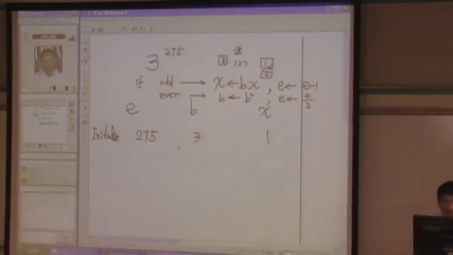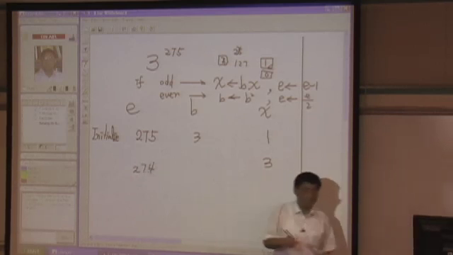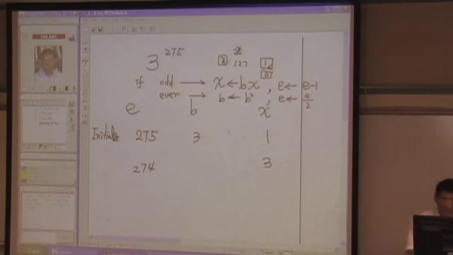So take a look. Initially, this is odd, right? So what should happen in the next step? Because it's odd, x and b should be multiplied, and then, do you follow me? And then exponent should become what? 274. Almost identical to the previous one. And then b is kept, right? b is kept.